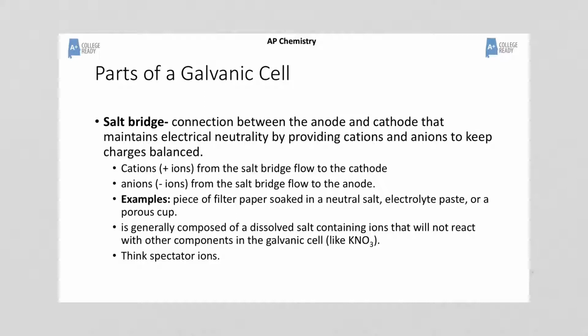So the bottom line is cations from the salt bridge flow to the cathode, and anions from the salt bridge flow to the anode.